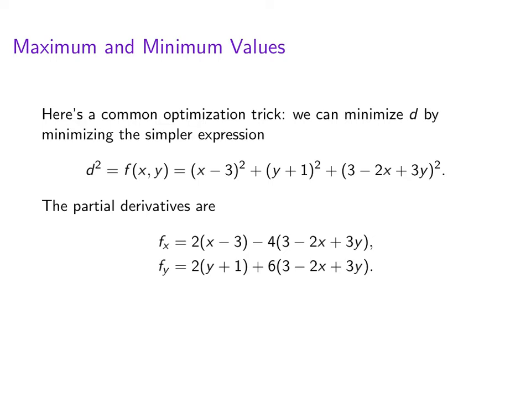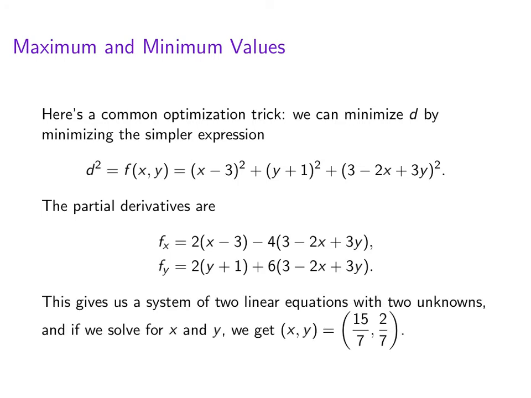Let's compute partial derivatives. They look like this. So fx is 2 times (x - 3) - 4 times (3 - 2x + 3y). We're using the chain rule and the power rule here. fy is equal to 2 times (y + 1) + 6 times (3 - 2x + 3y).